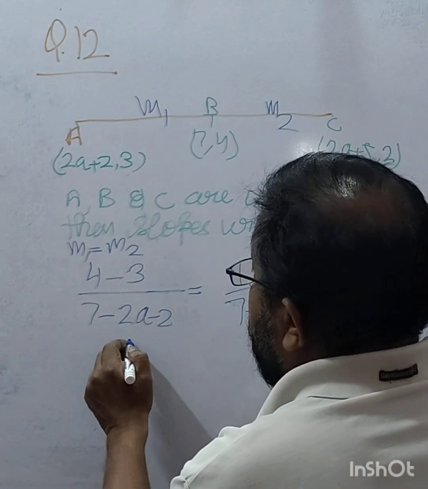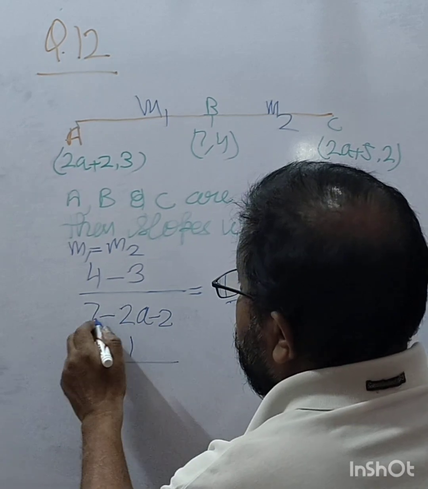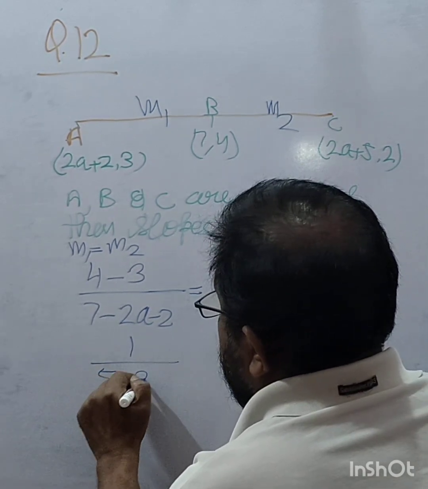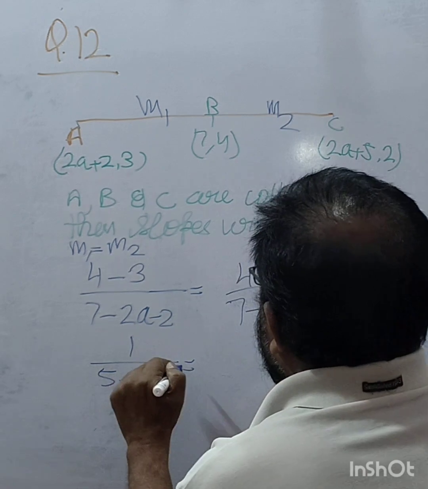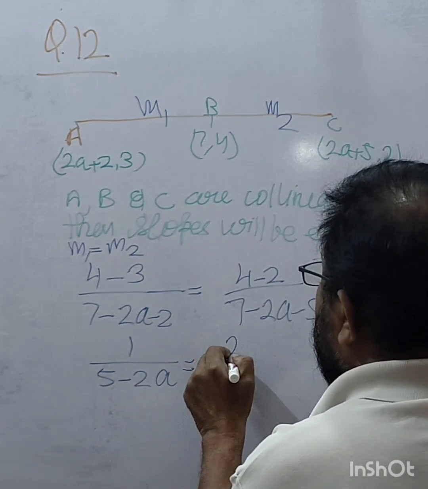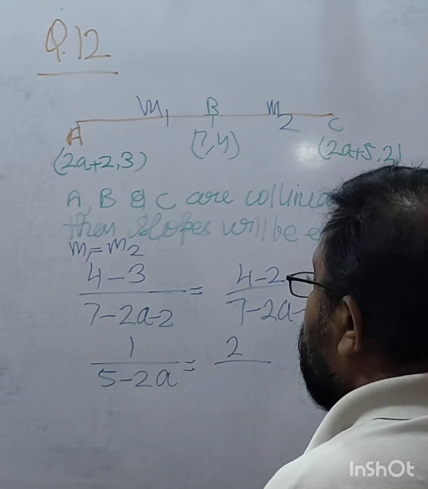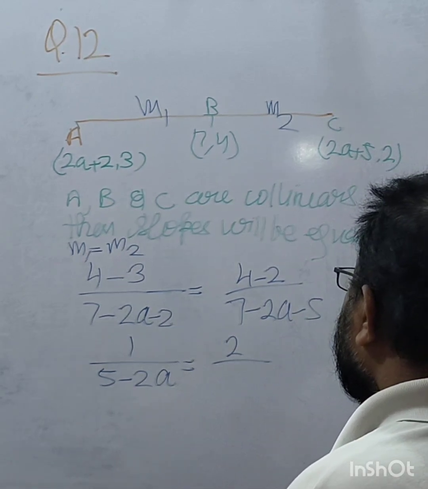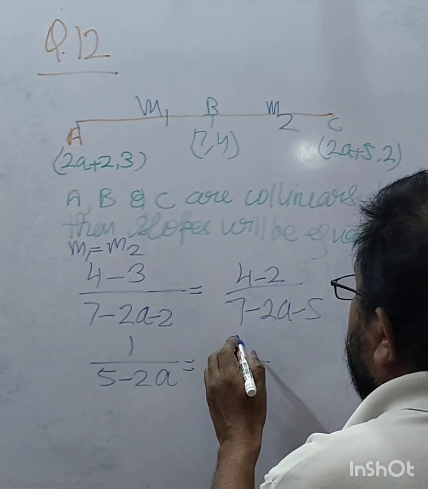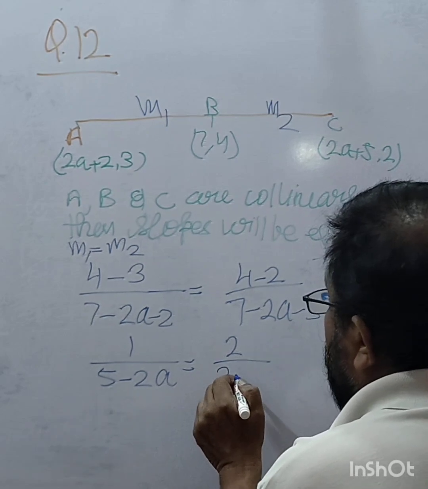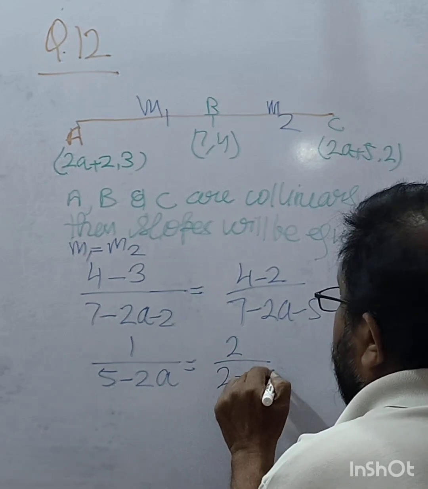So how much do you get? 1 upon 5 minus 2a is equal to 2 upon 2 minus 2a.